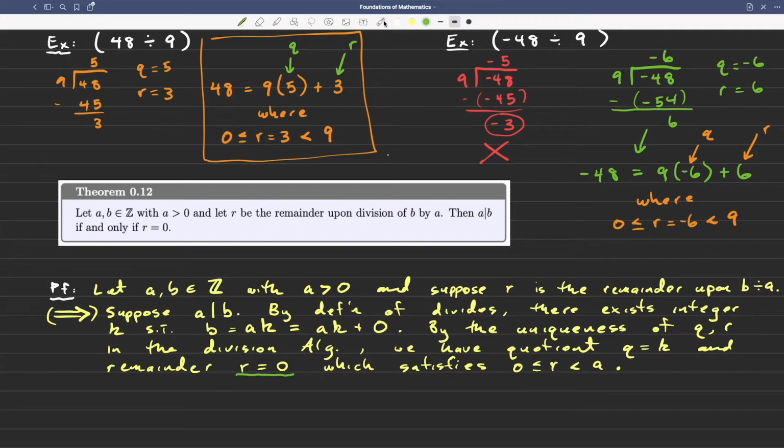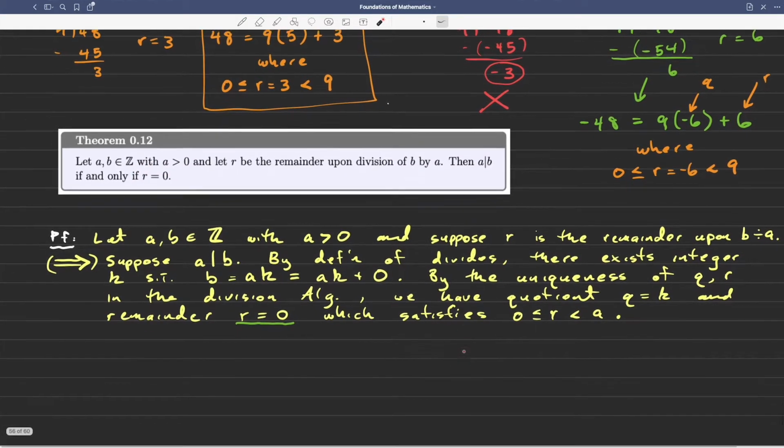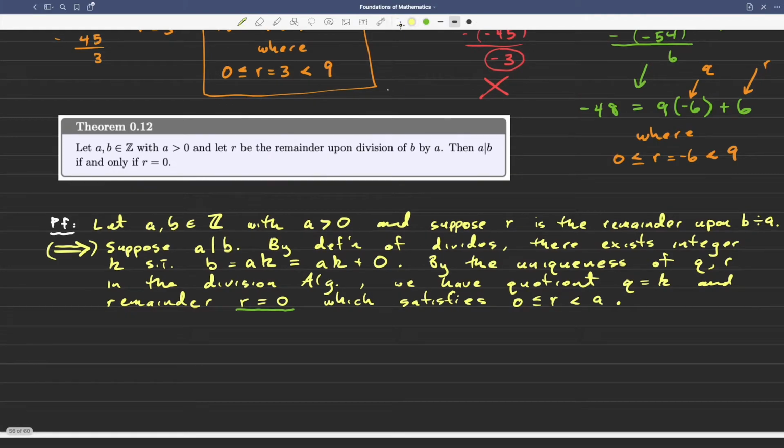We wanted to prove that r is equal to 0 if we know a divides b. And we get that from the uniqueness given in the division algorithm, because there's only one quotient and only one remainder that satisfy this equation, b equals aq plus r. All right, so going the other way, suppose that the remainder is equal to 0.